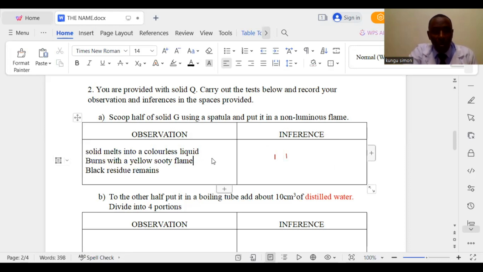Look at this, for example: a solid melting into a colorless liquid, then burning with a sooty flame, and then you see if anything remains. A black residue remains. Now, you made such an observation. What should be the inference? Here we go. Look at what we're talking about.